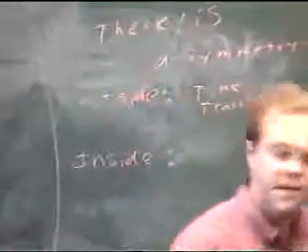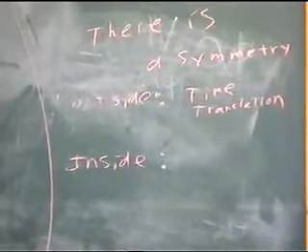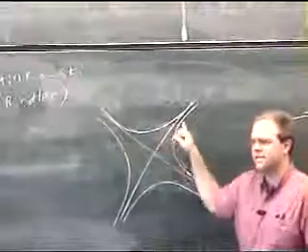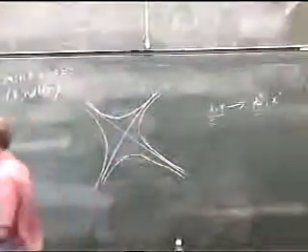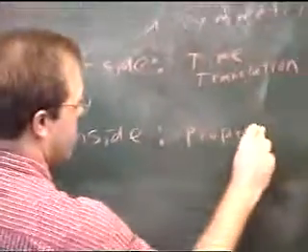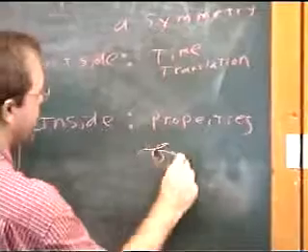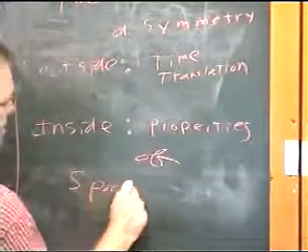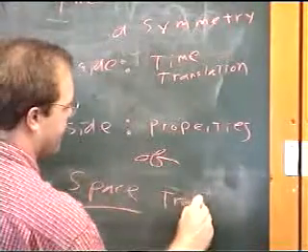But what about inside? Inside, it's sliding things horizontally. So inside, it has the properties one would expect of a space translation.